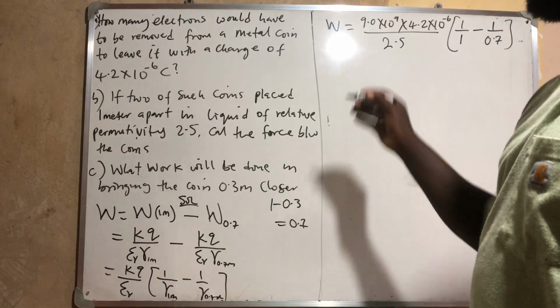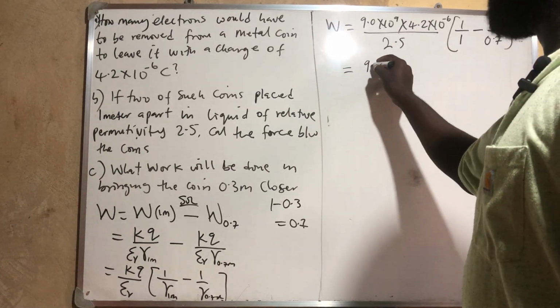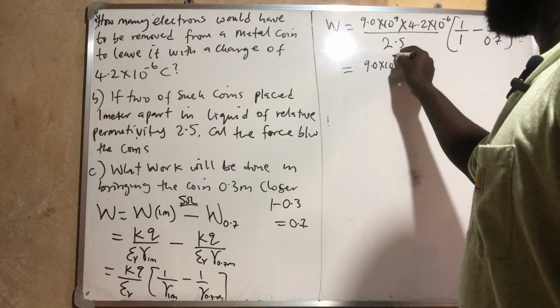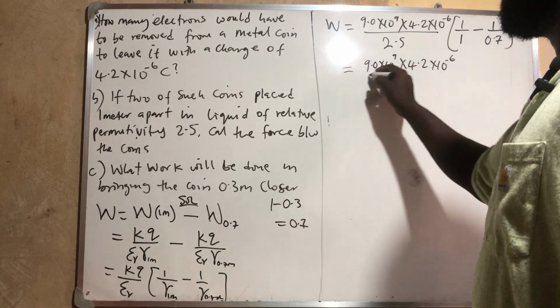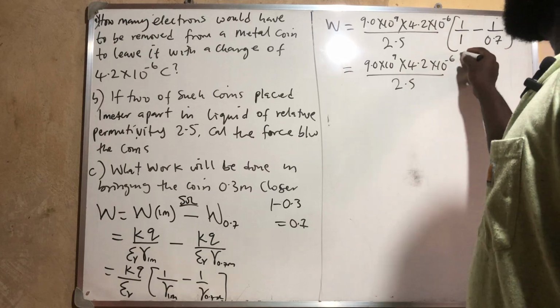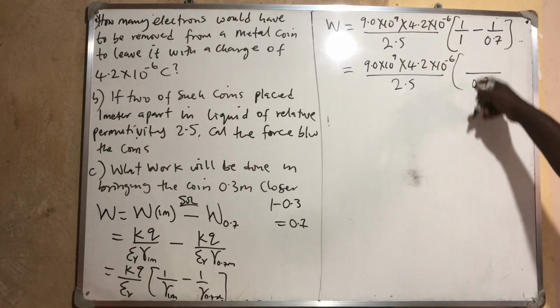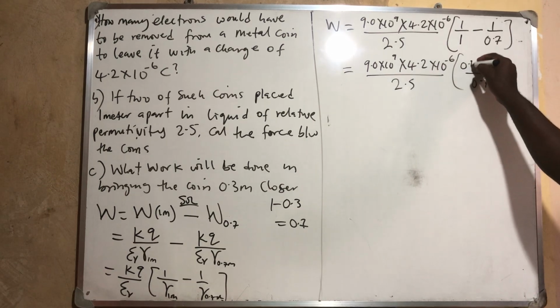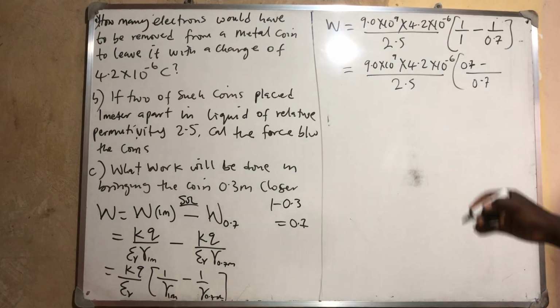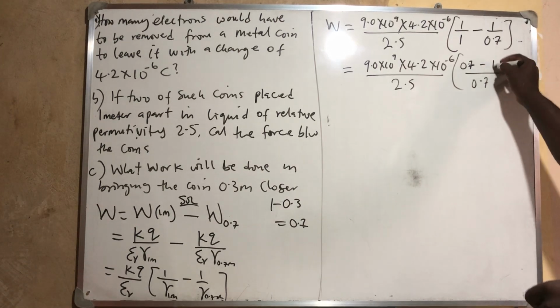So you're going to have 9.0 times 10 raised to power 9 times 4.2 times 10 raised to power minus 6 divided by 2.5, into the LCM here, which is 0.7. So 0.7 divided by this is 0.7, 0.7 times this is 0.7, minus 0.7 divided by this is 1, 1 times 1 is 1.